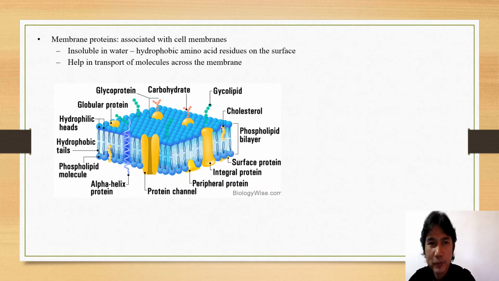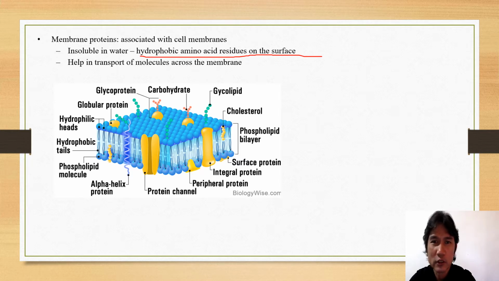Okay, the third classification of protein is the membrane protein. These are the proteins that usually are associated with the cell membrane, and they must be insoluble in water. The hydrophobic amino acid residues are at the surface, because they don't interact with water.